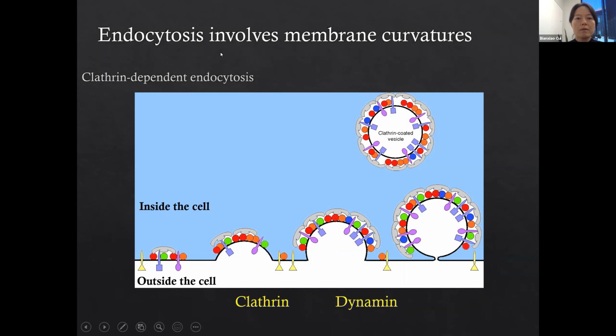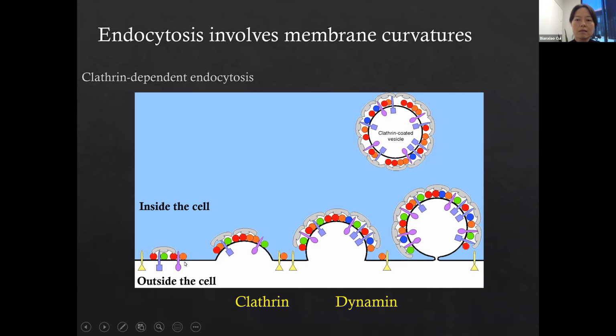Many of you have probably heard of endocytosis, particularly Clathrin-dependent endocytosis. This is one of the key cellular processes for cells sensing outside signals, growth factors, and eating. This process is conserved all the way from yeast to human. Clathrin-dependent endocytosis usually starts from a relatively flat membrane.